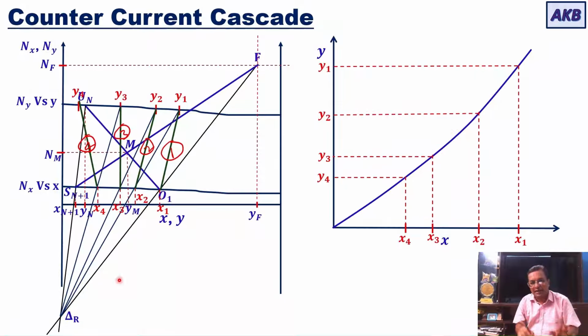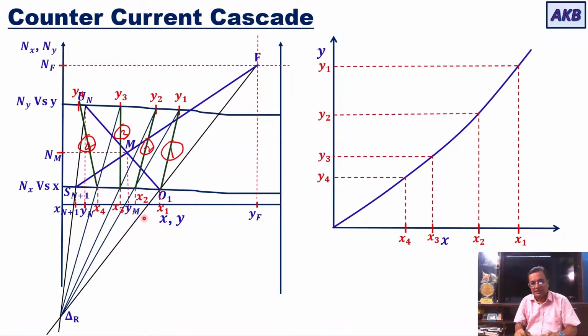So with this, I end my discussion for this particular topic. I have discussed multi-stage countercurrent leaching, how the operation is carried out, how to write material balance for insoluble solids, material balance for solute C, material balance for solution A plus C, then how to follow those material balances on NX, NY versus XY diagram, then how to find out equilibrium stages.